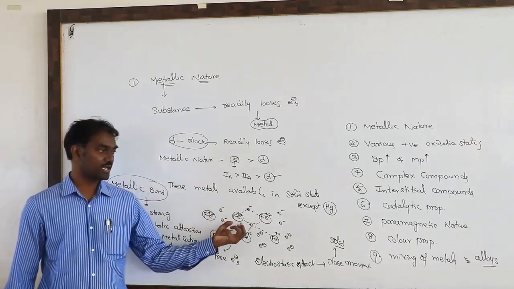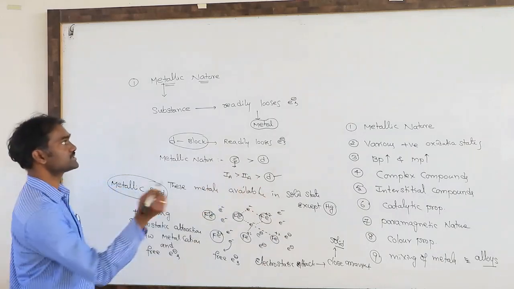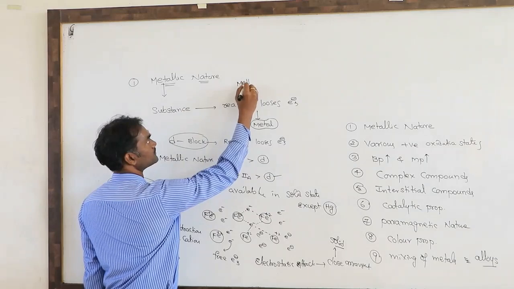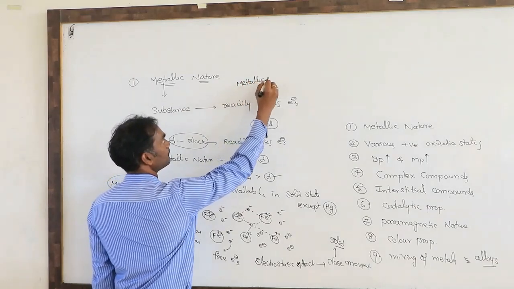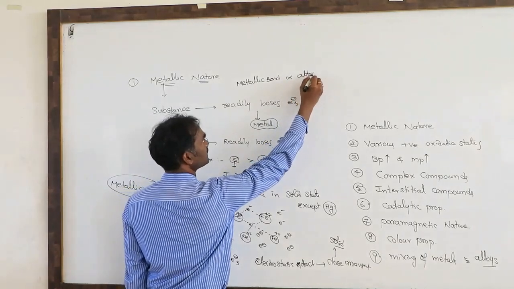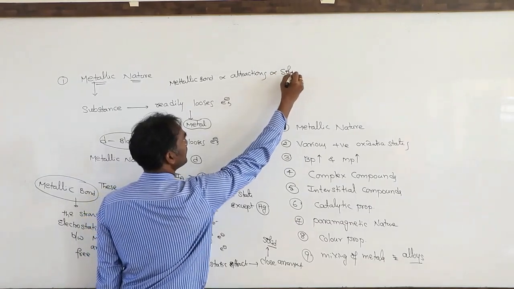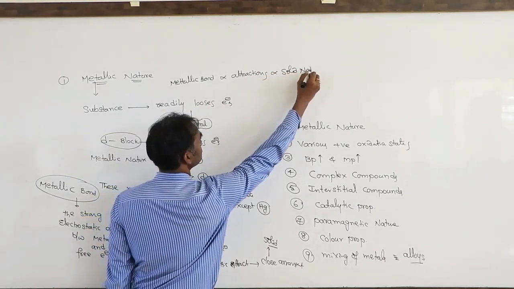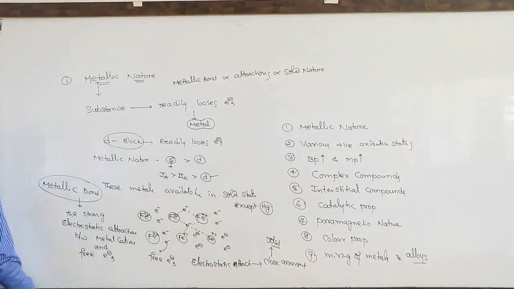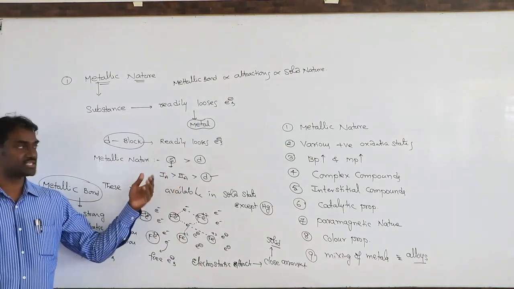If strong metallic bonds are there, then close packing is more. So what happens? The solid nature comes. As the metallic bond nature increases, attractions increase, and so solid nature comes. Because of these free electrons only, the metal gets shining nature.